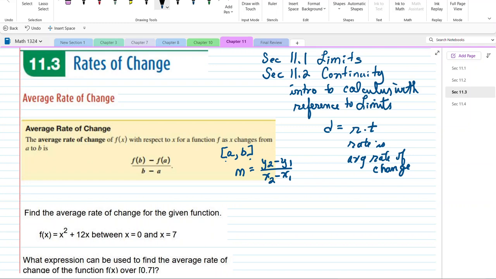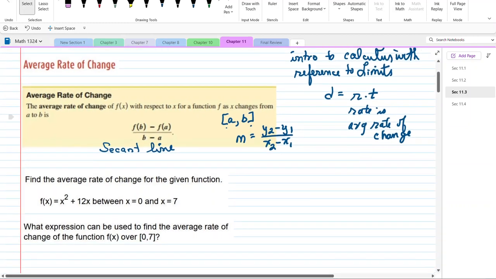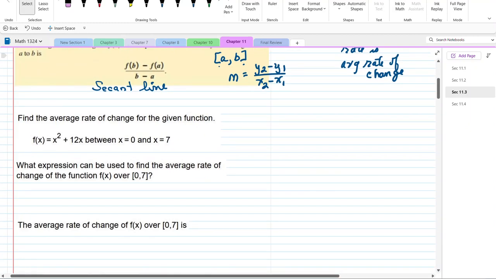And then we're going to see that this creates a secant line because it's from one point to another. And so the rate of change is like the adage, as the crow flies. So let's find the rate of change for this example.